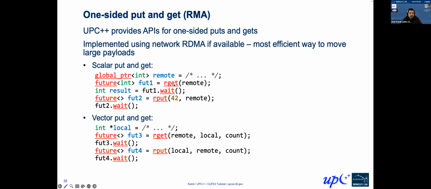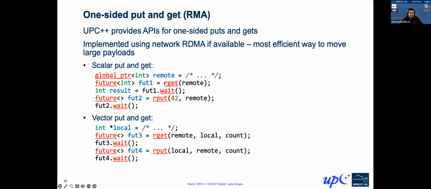We saw an example of rget beforehand, which is a get from a potentially remote location. And so what it takes as an argument is a global pointer, which can be potentially referring to some data on a different process. And again, this does a one-sided get, but it's asynchronous, so we get back a future.